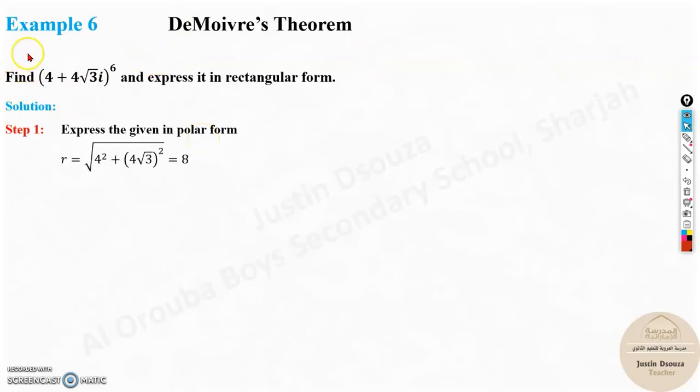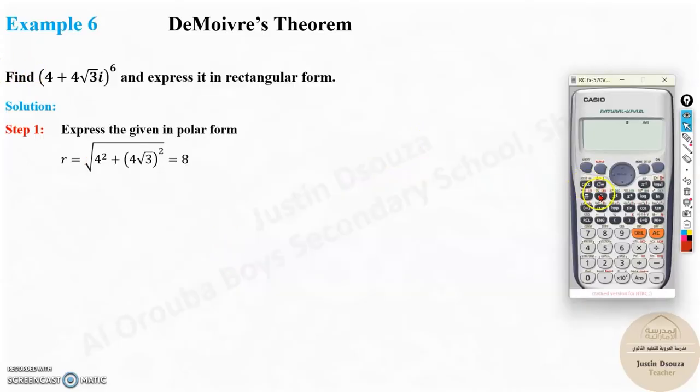Now, radius would be square root of a square plus b square. Let's do it quickly in the calculator. It's just square root of 4 square plus, use bracket over here because there are two terms, 4 root 3, close the bracket and square it up. The answer is 8. What about the theta? It is tan inverse b by a.